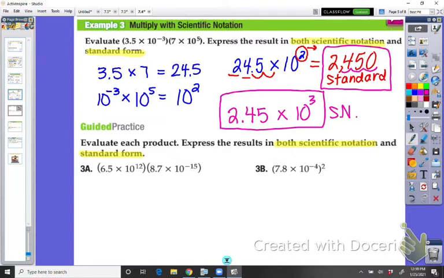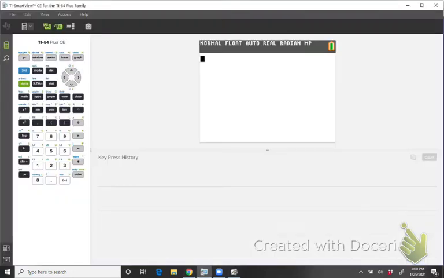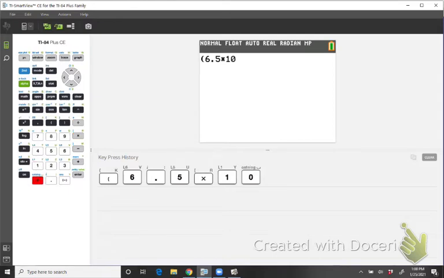So let me go get my calculator here. When it wants the product, that means to multiply. So I'm going to type this in the calculator exactly how I see it. Parentheses 6.5 times 10, then the caret button to raise it up to the 12th power.